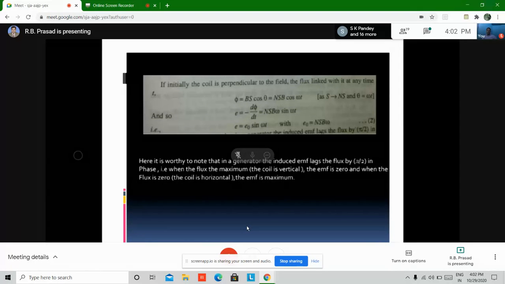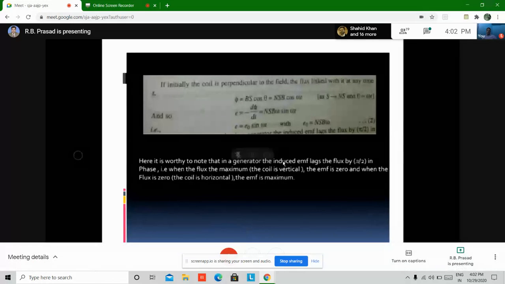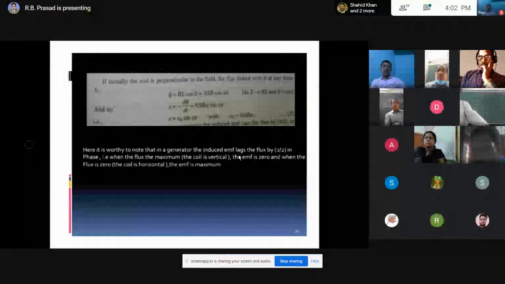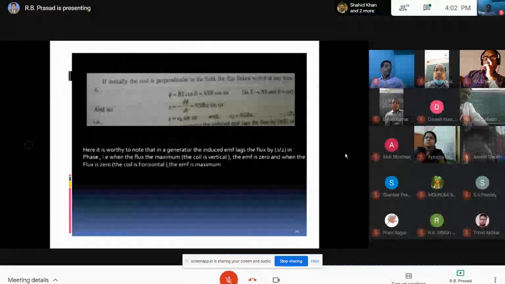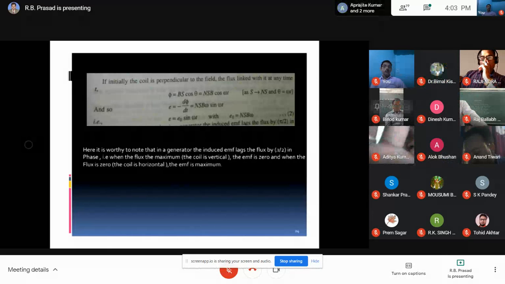That is, when the flux is the maximum, the coil is vertical, and the EMF is 0. When the coil is vertical, the angle between the magnetic field and the coil's surface is 90 degrees, then sine 90 degrees will be 0, and therefore the EMF is 0.